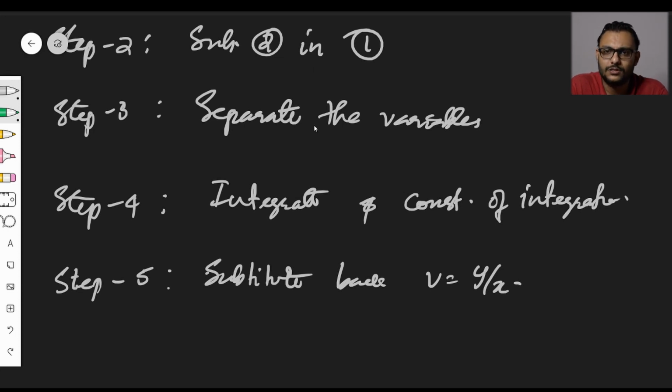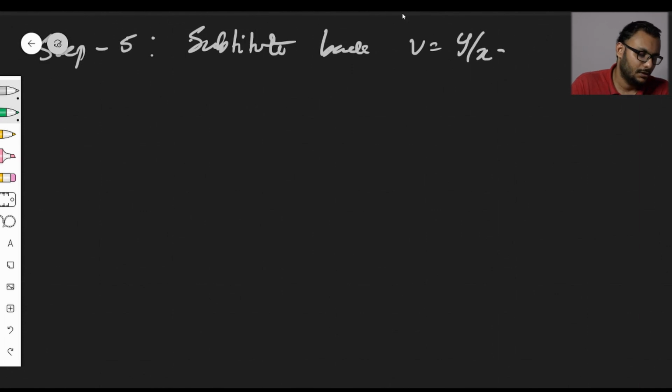If you have any confusion, we can clarify it in our example. So let us write an example. For homogeneous, let me write an example of a homogeneous differential equation.